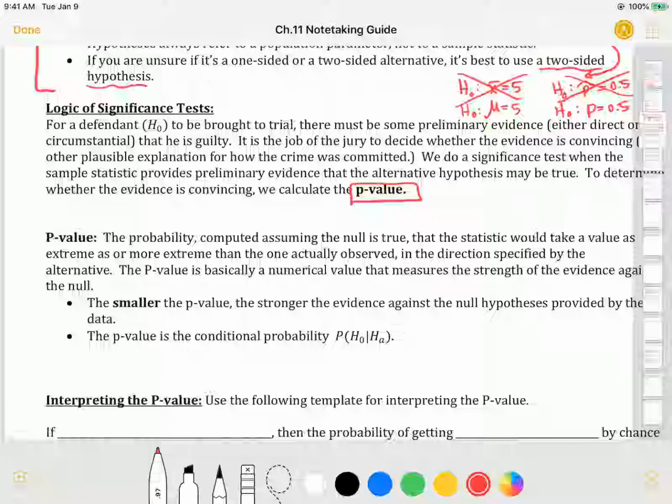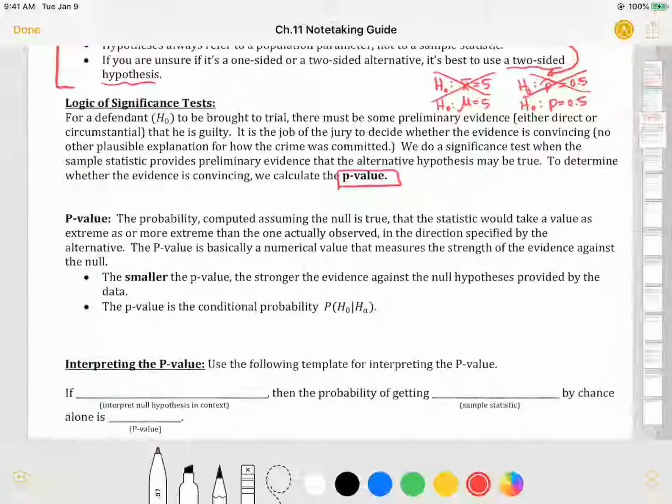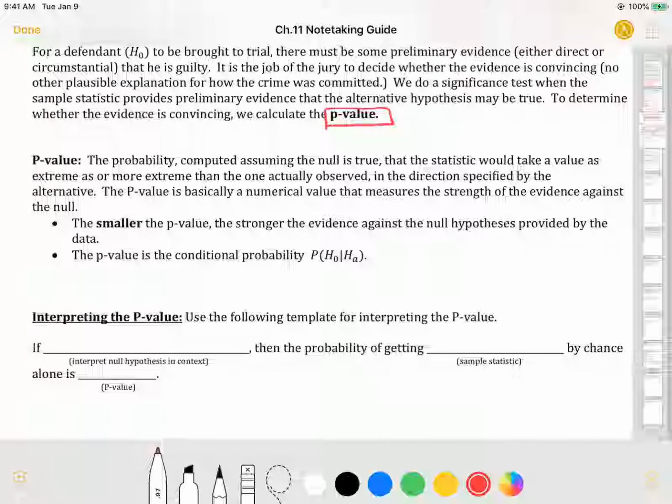We're setting up these hypotheses, and we're trying to show either that our alternative is true, or we don't have good evidence to say that our alternative is true. So let's talk about this p-value for a second here.